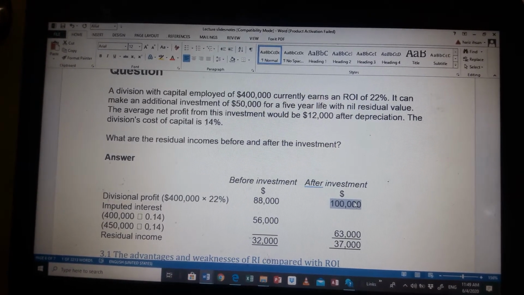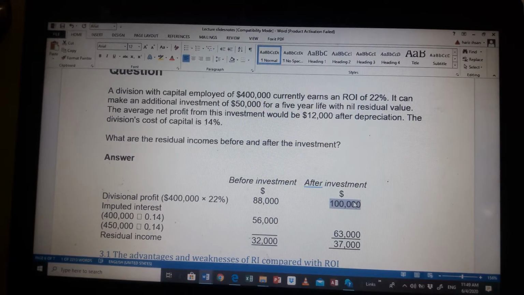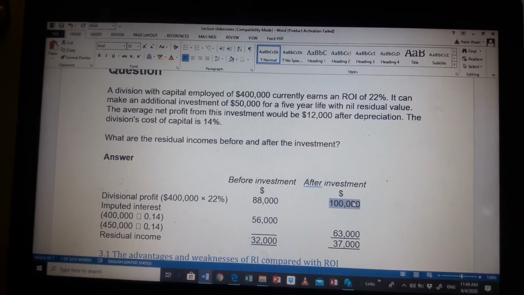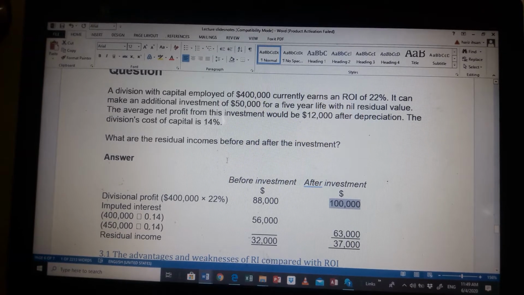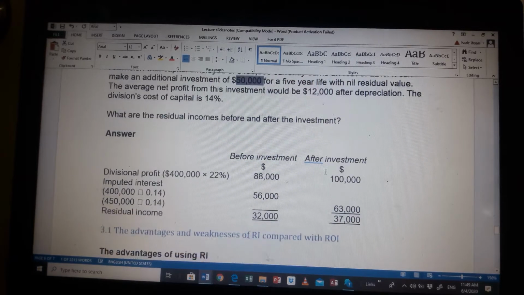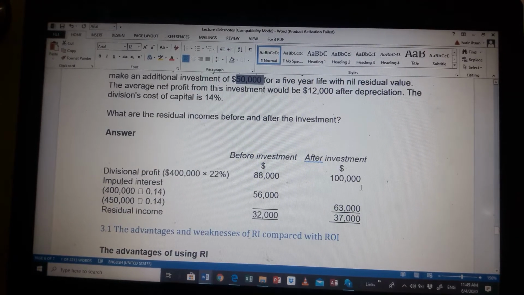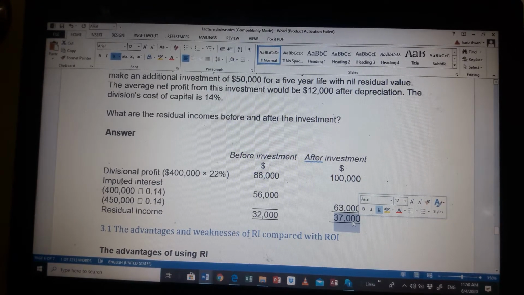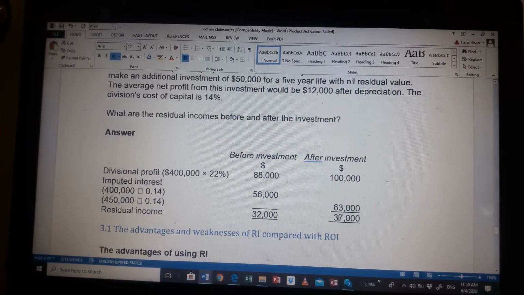Now we have to calculate the cost of capital, the amount that we have to pay to get this capital, at 14%. From 400,000 plus the additional investment of 50,000, so 450,000, we times it by 14%, we will have to pay 63,000 to the company. So 100,000 minus 63,000 is 37,000. So you, as the divisional manager, would you take the investment? Yes, simply because it has an increase in residual income.